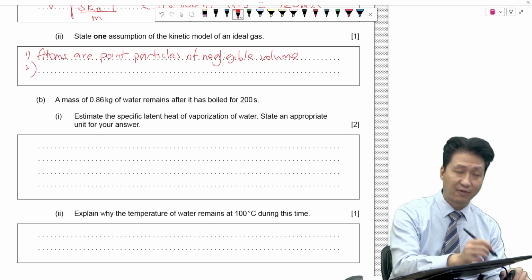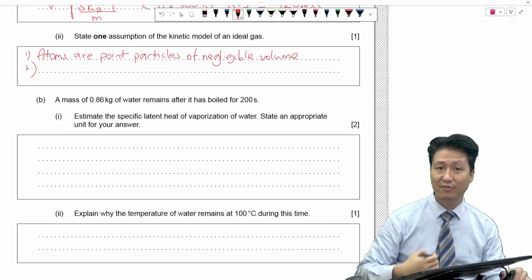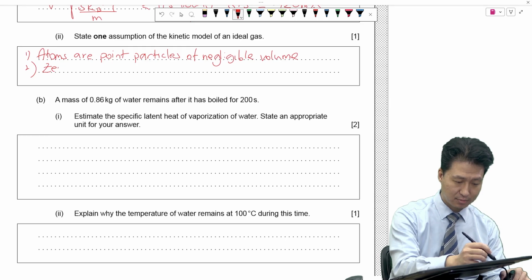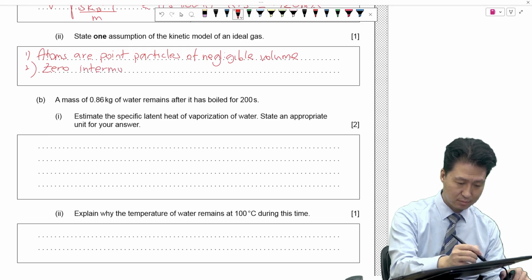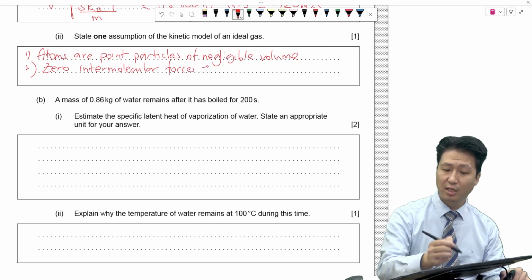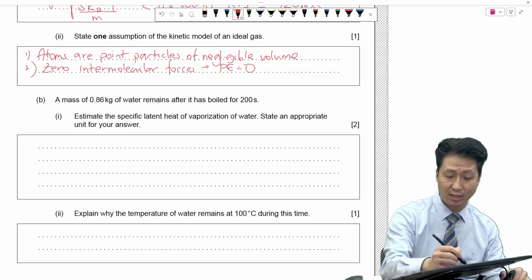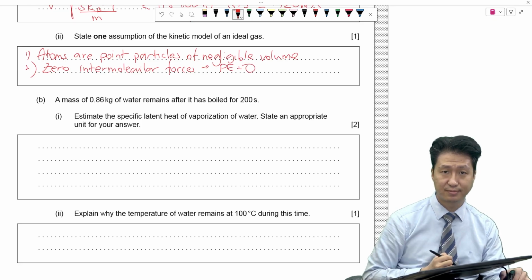We can also talk about the fact that ideally they should have zero intermolecular forces. They will also accept the corollary of this, which means that the potential energy of ideal gases will also be zero.